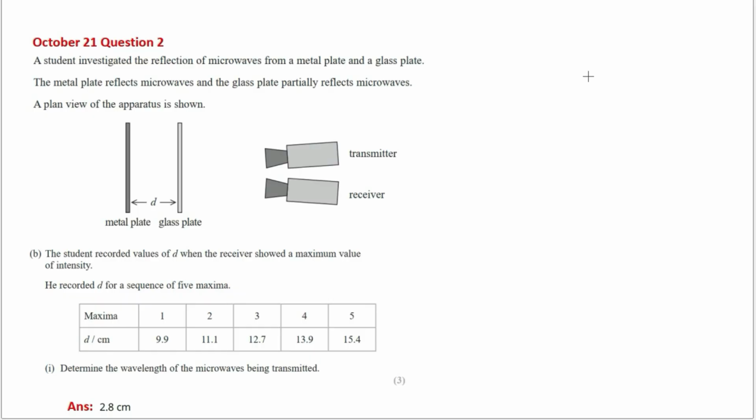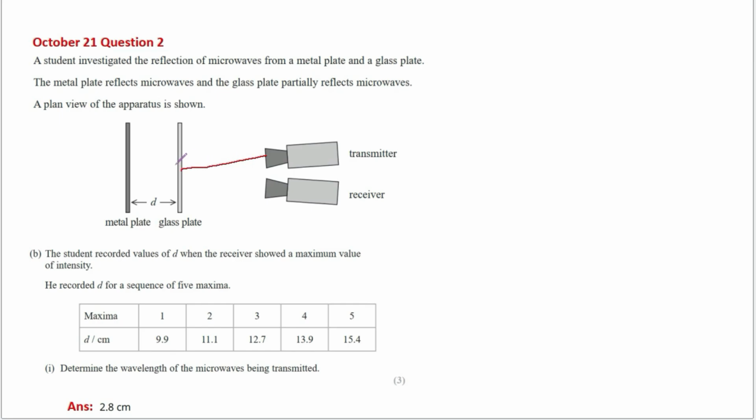Now, a student investigated the reflection of microwaves from a metal plate and a glass plate. The metal plate reflects microwaves and the glass plate partially reflects the microwave. So this is what's going on here. This is the transmitter.